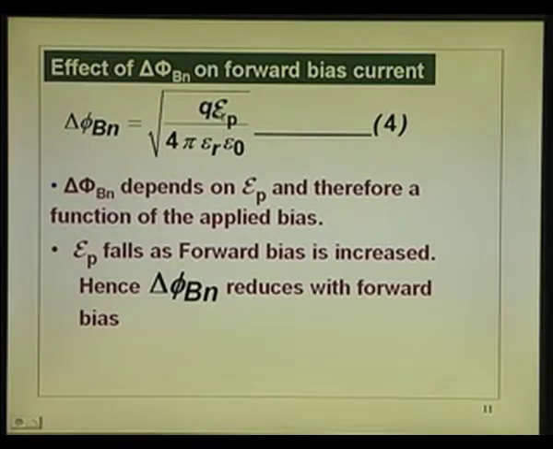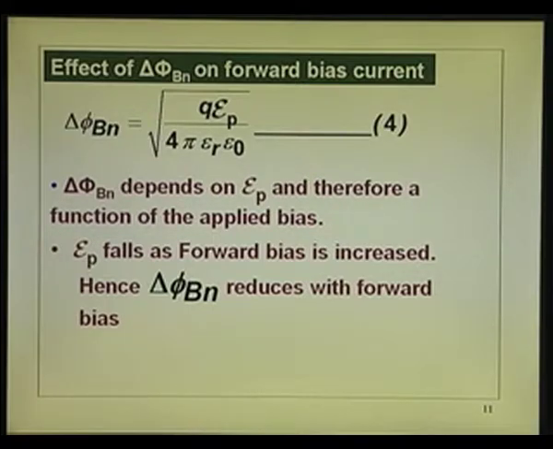Now, what you do is substitute for this E peak. It will be about 10 to the power of 5 volts per centimeter. We have taken that, and the depletion layer width is something like 0.3 micron for about 10 to the power of 16 doping.